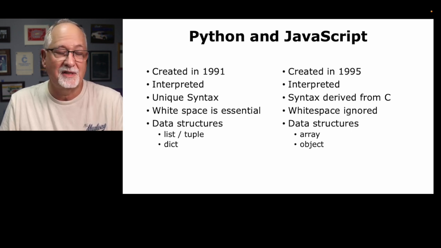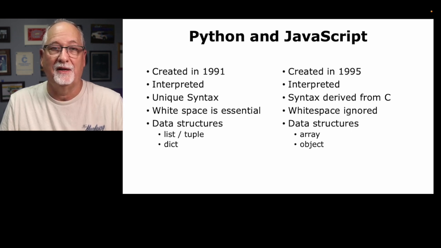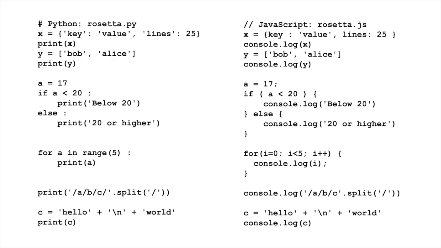Now, the if statements and the for loops are very different because Python invented its own, really focused on its own data structures, whereas JavaScript was imitating C. So let's take a look at the real slide that makes the money. I call this the Rosetta Stone, because it has two languages on it and they correlate.